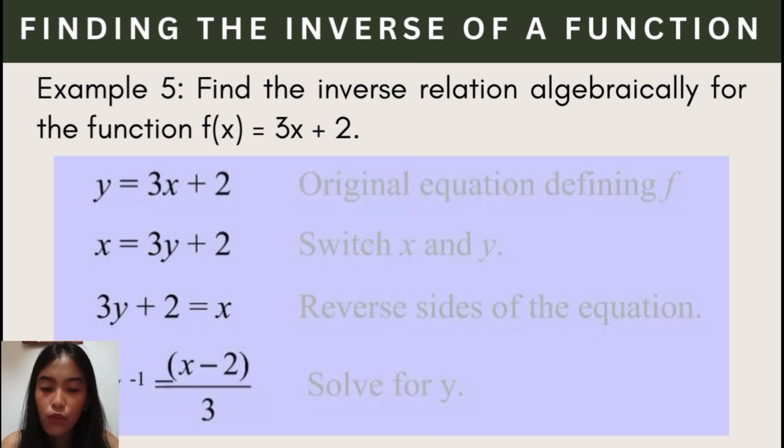So you have to apply the addition property of equality. Reverse the sides of the equation. And then for the final answer, you'll have to replace y with f raised to negative 1 of x.